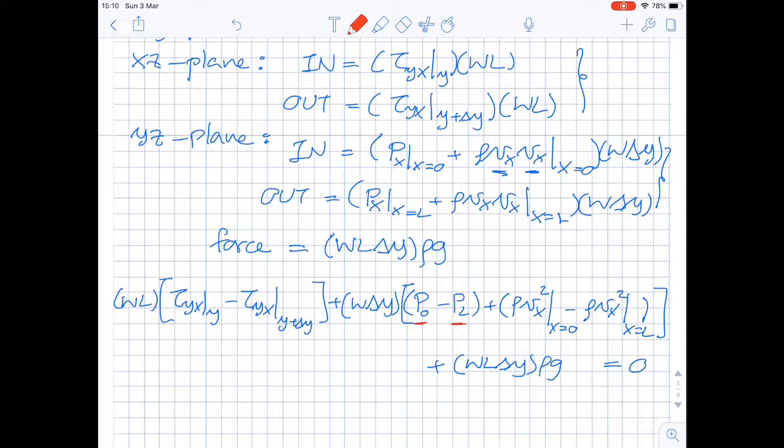On the other hand, Vx at x equal to 0 and Vx at x equal to L are supposed to be equal, because we stated earlier that Vx is not a function of x. So therefore, these terms cancel out. Alright?